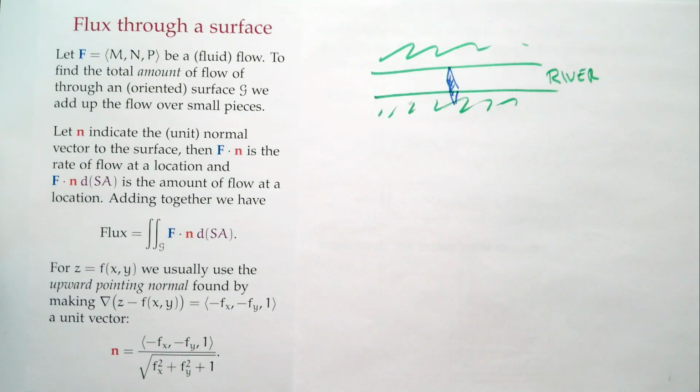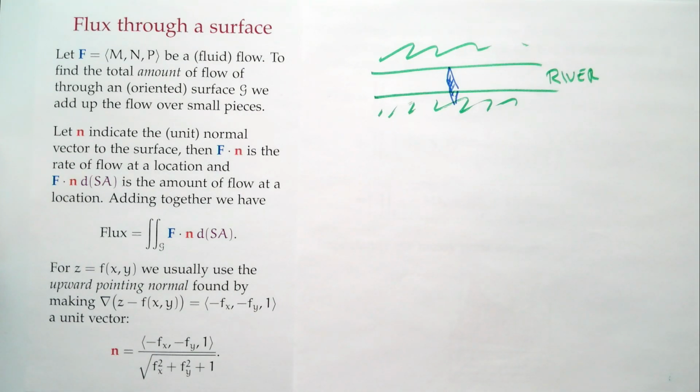Then the question becomes, what's the total flow of the water through here? Well, I have to figure out the flow at each point. I break it up into little tiny pieces. Of course, if I have a grid of sensors, my pieces just correspond to the sensors, and then I add it up. But the question is, how do you figure out what the flow is at a single point?